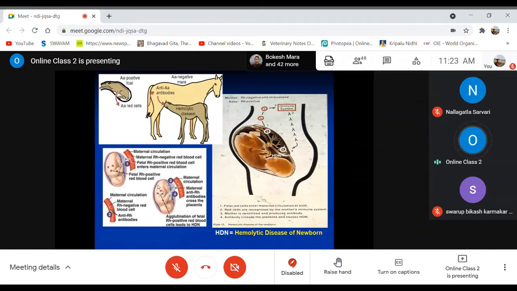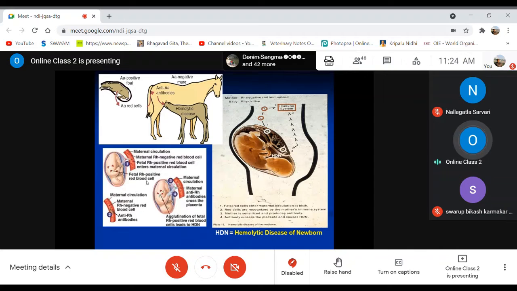anemia. Even if it doesn't cause death, if it is too excessive, the fetus may die inside the womb of the mother.